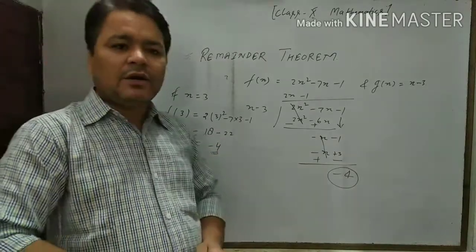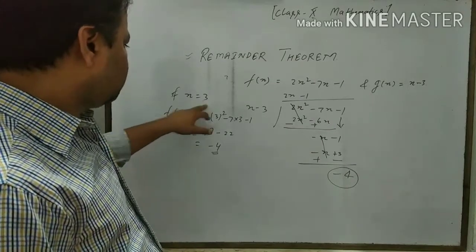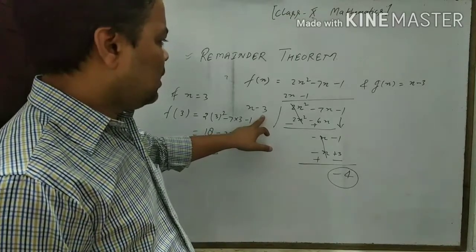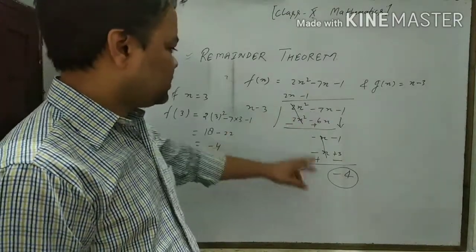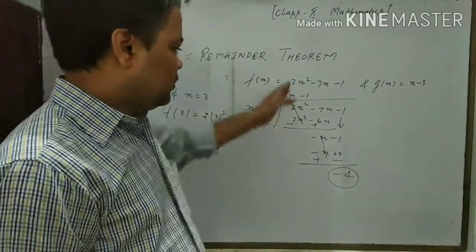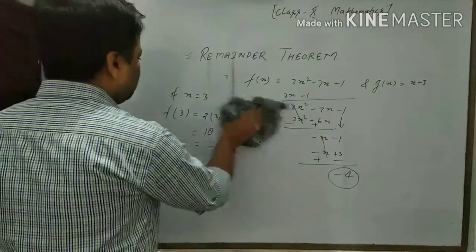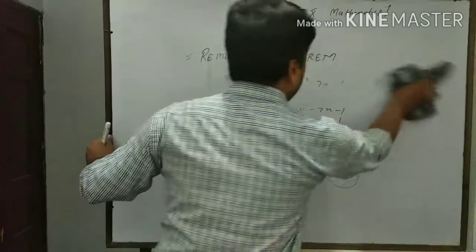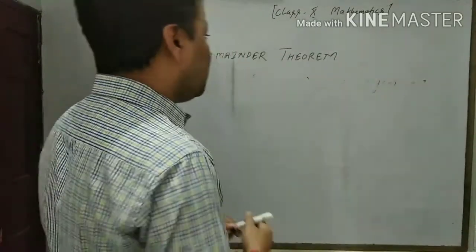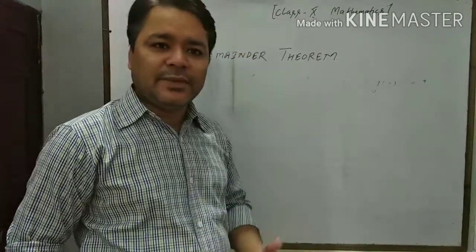Here I want to make a relation: the value of the polynomial at x equal to 3 is minus 4, and the remainder of the polynomial when divided by x minus 3 is also minus 4. So we can make a conclusion, and that conclusion gives the idea of the remainder theorem. Without division, we can find the remainder.